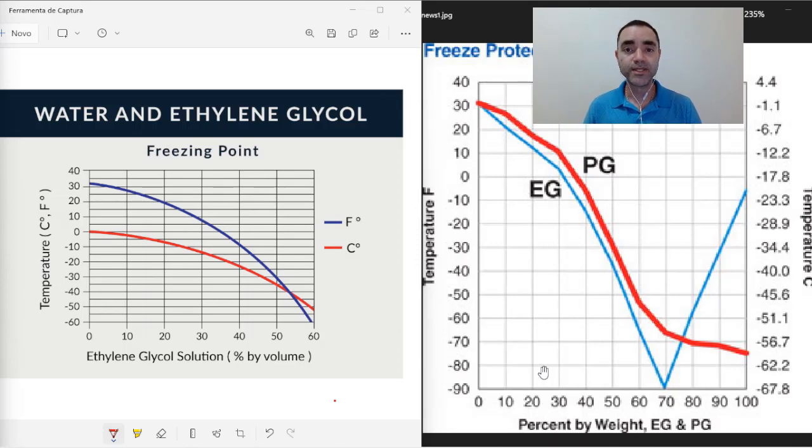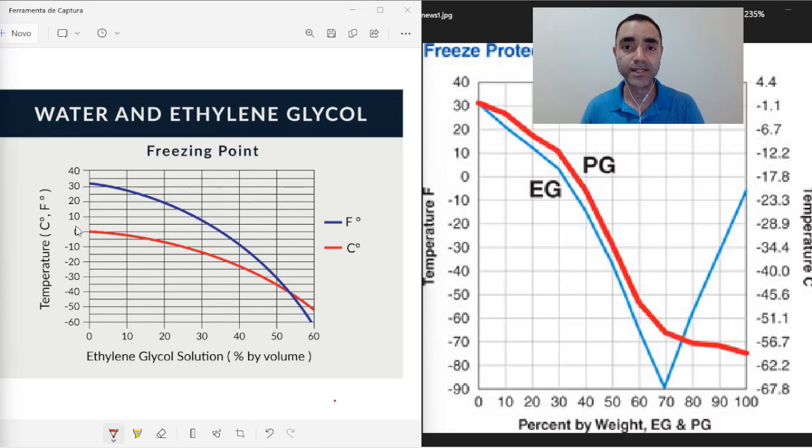So what do we define first? We define first the percentage of ethylene glycol to be added to the solution, or we define the temperature that we want. To work with chemical process engineering in plant design, you must understand what the requirements for your process are. So at first, what I will observe is what is the operating temperature that I need for my process.